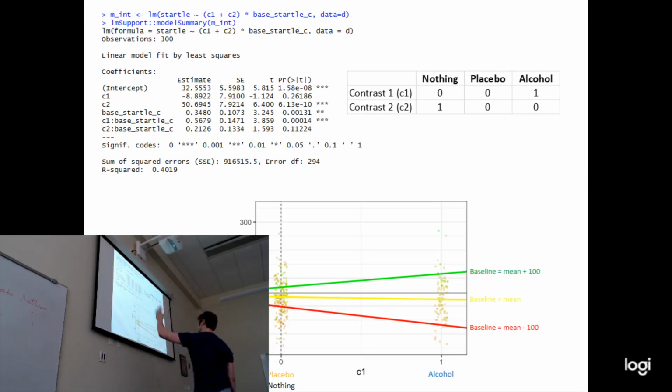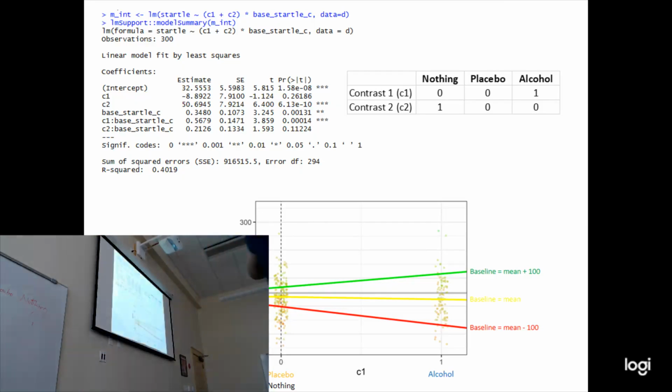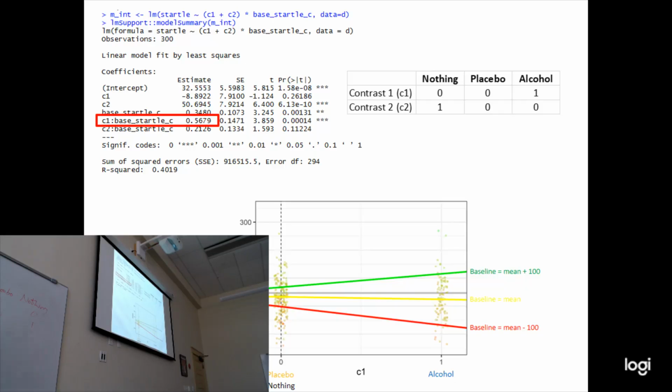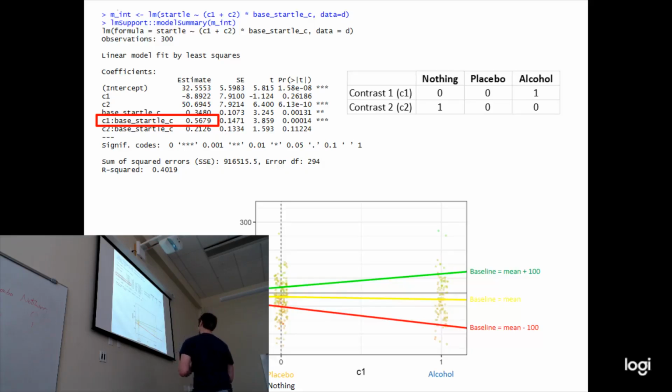So if I look at the output from this new model, notice I have those two new parameters. The parameters for the interaction between C1 and baseline startle and C2 and baseline startle. So let's think about that first parameter. Where do you think that first parameter is represented on this graph?